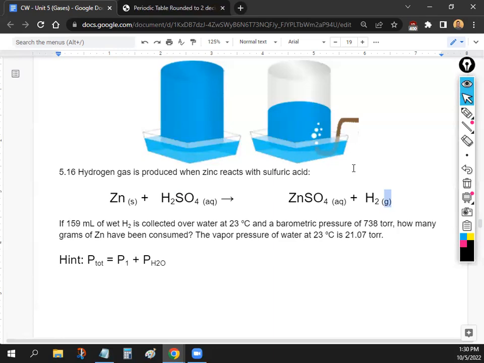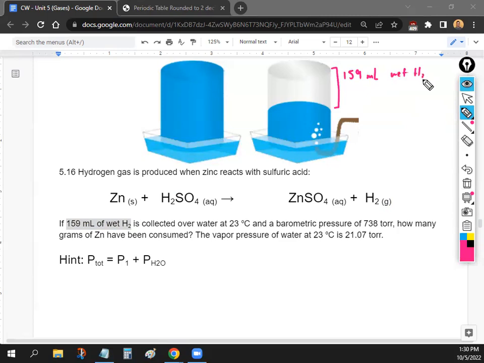Okay, but we have a chemical reaction, and it's telling you that 159 milliliters of wet H2 is collected over water. So if we go back to the demo I just showed you guys, this is our little tube, and it's telling us that we collected 159 milliliters of wet H2. Now I'll talk about what wet means in just a second.